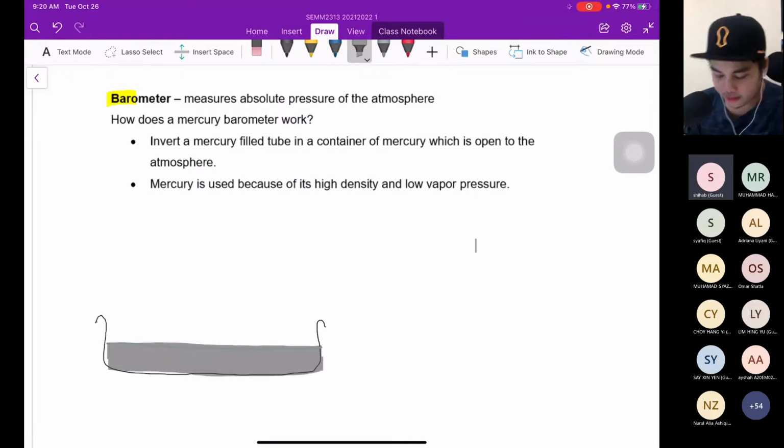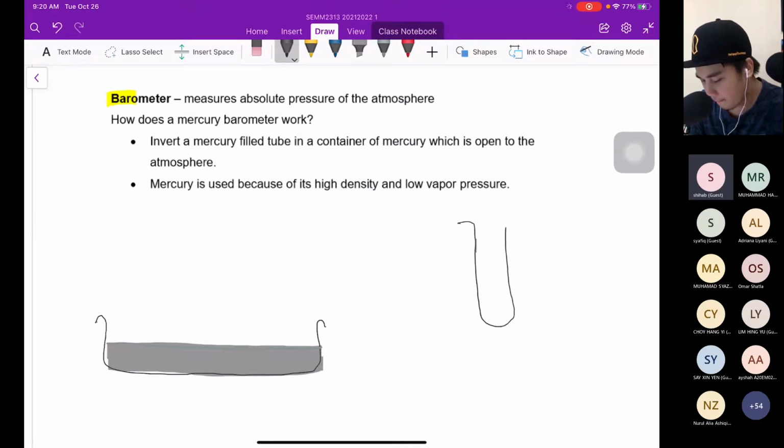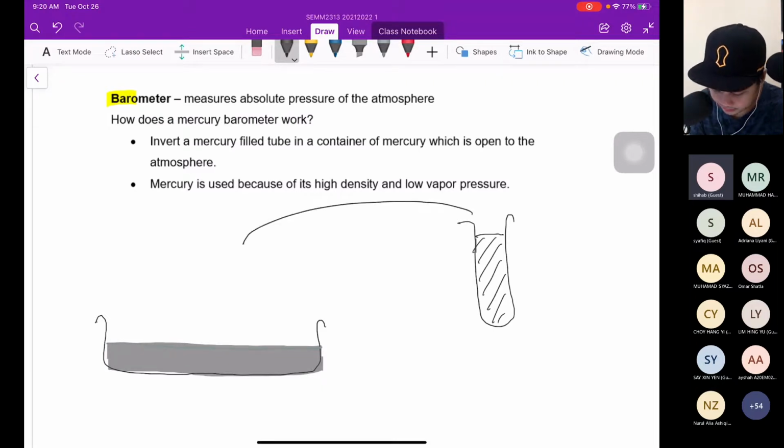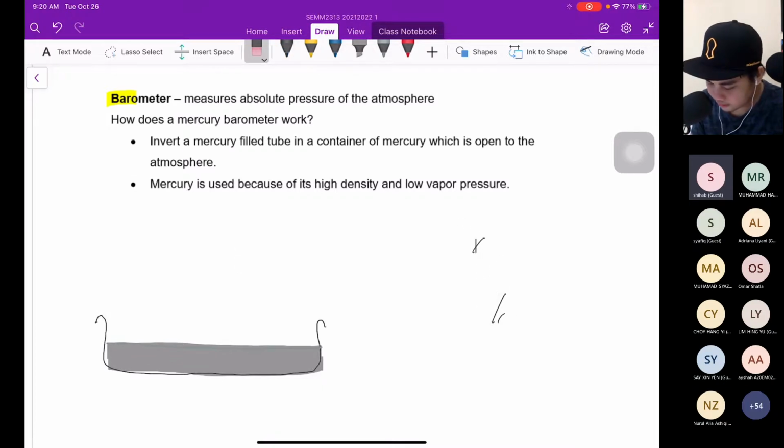And then the next one, we have the tube. We fill it with mercury as well. This is the tube. I fill it with mercury until this section, and then I invert it inside here. Inverted. So what happened? All this becomes like this.